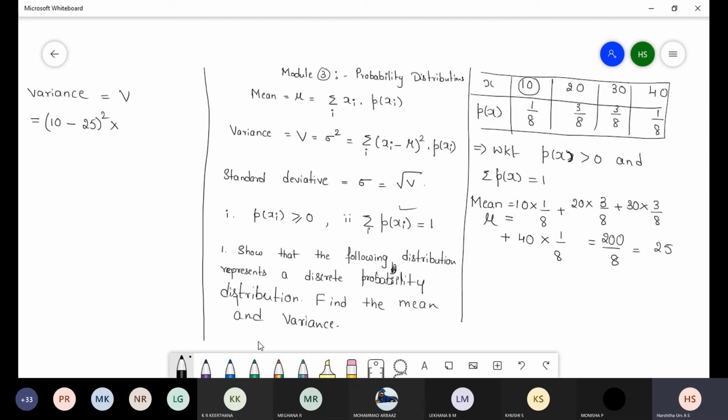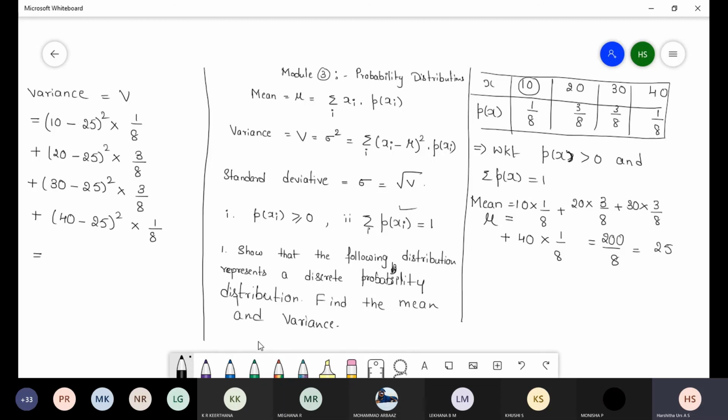Whole square into p of xi, p of x1 first value is 1 by 8, plus again the second value 20 minus mu value 25 whole square into 3 by 8, plus third value 30 minus mu value 25 whole square into 3 by 8, plus 40 minus 25 whole square into 1 by 8. Here 10 minus 25 is minus 15, so 15 square.